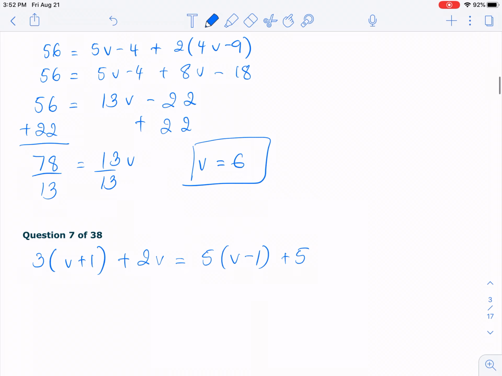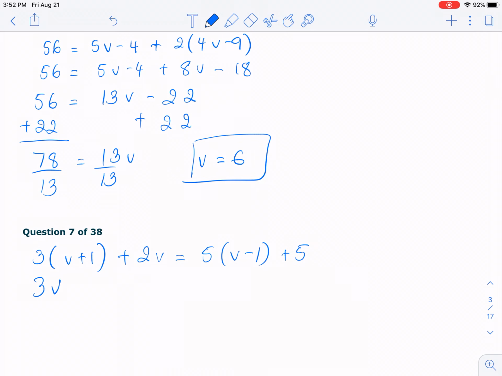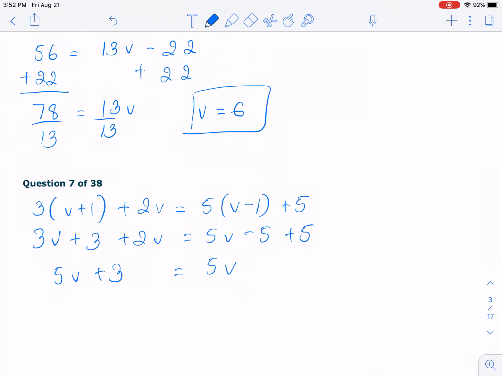All right, so we proceed with the problem. 3v plus 3 plus 2v equals 5v minus 5 plus 5. Okay, so same thing, we combine like terms. Now, you see right here, if I subtract 5v from both sides, the whole thing cancels out.